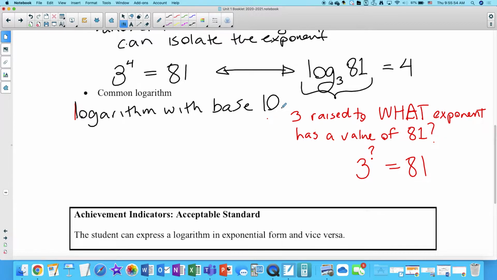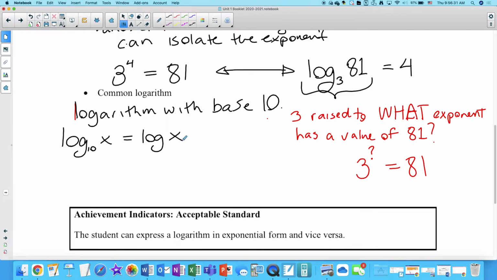If you don't see that number, you assume it's base 10. So log base 10 of x is just equal to log x. You don't explicitly have to write that number 10 in. It's kind of like when you're taking a square root. You don't have to write the little 2 inside. If there's no number there, we assume it's a square root. If it's any other root, a cube root, a fourth root, we have to write that little number in the index. Same sort of idea.